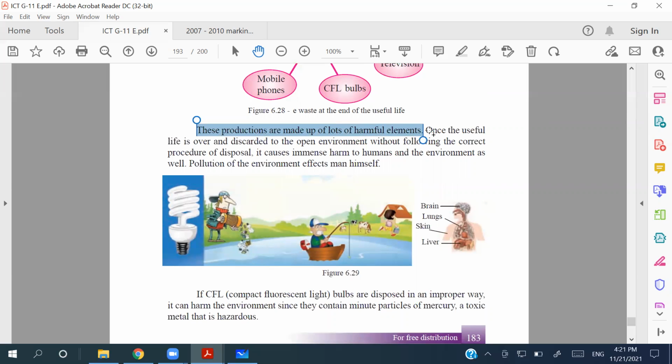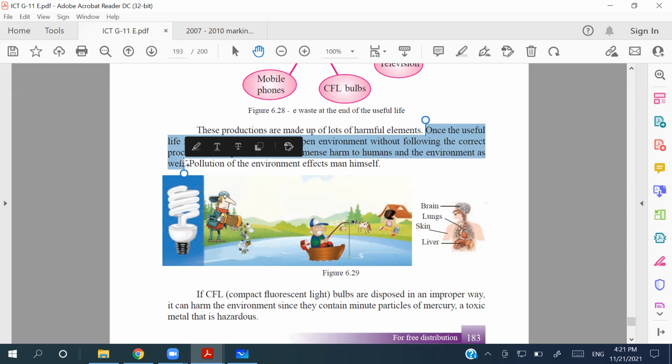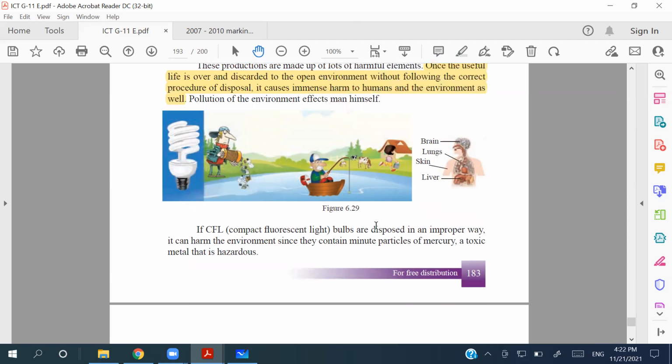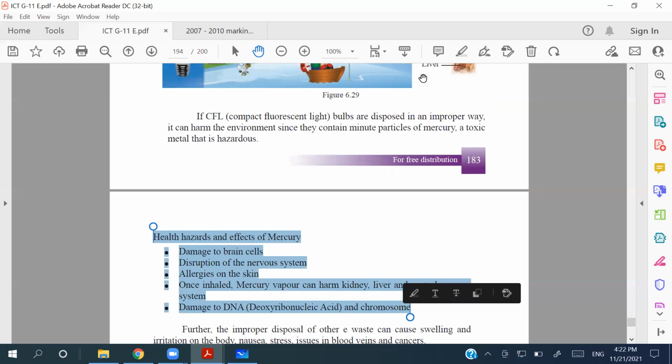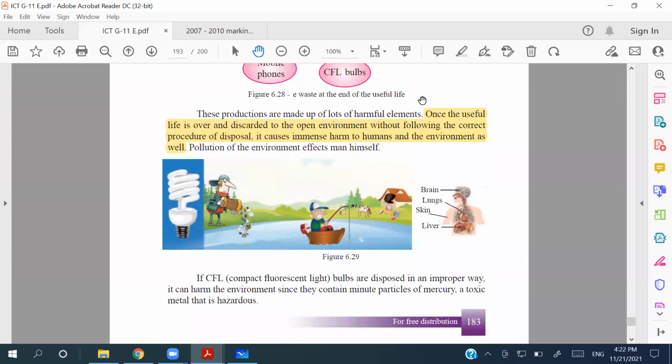No, not that one, this one: once the useful life is over, it is discarded to the open environment without the correct procedure of disposal. So have that. After that, you can go with these points: health hazard effects of mercury. First, have this one single line.